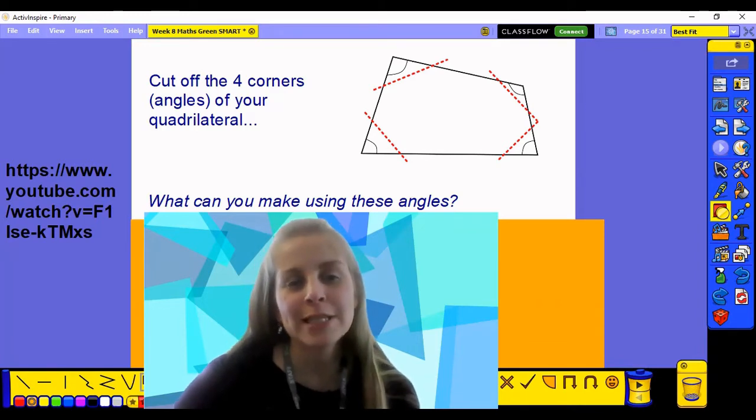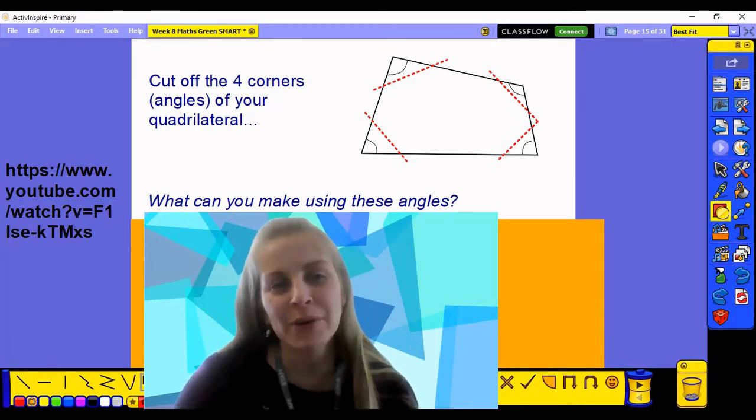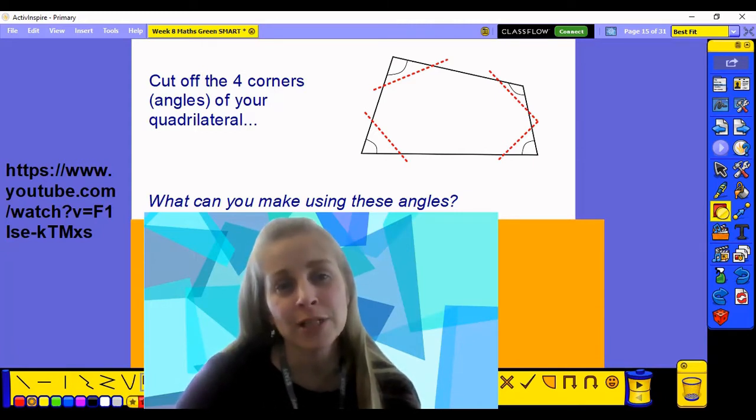I'll give you a tip from the triangle, but have a go with this quadrilateral. So make yourself a quadrilateral, any four-sided shape. Cut off the vertices, the corners, those angles, and reconstruct them to see what you can make.